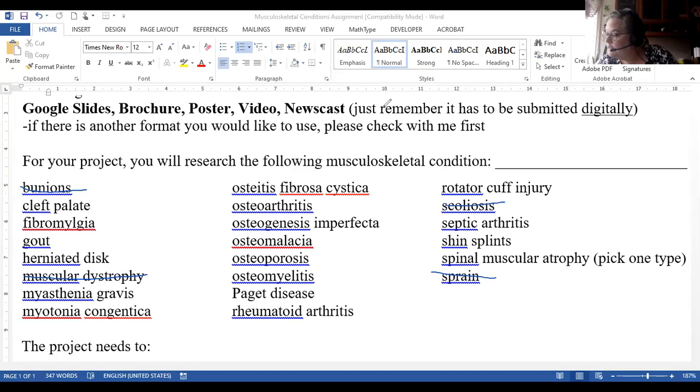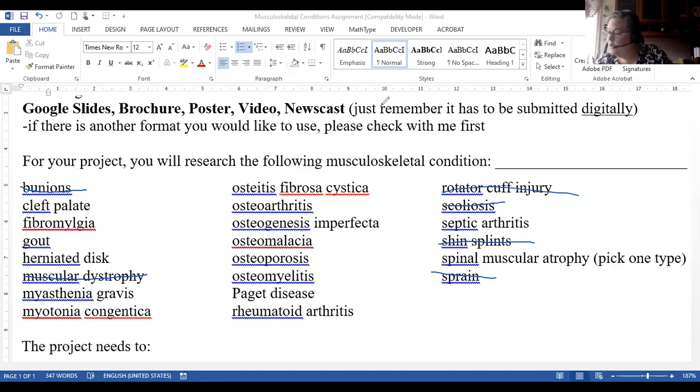Okay, and next we have Cora. And Cora has chosen shin splints. Okay, just cross that off our list. Okay, next we have Xander. Okay, and Xander has chosen rotator cuff. Okay, and there we are.